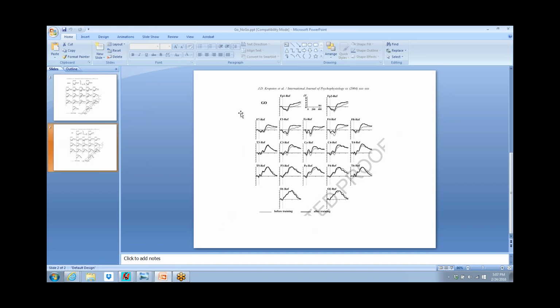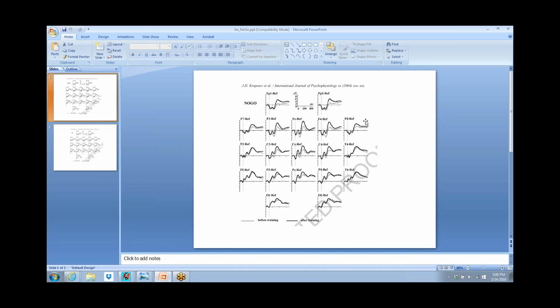This is a go stimulus, where the person was presented with a stimulus that meant he should hit the button. And you can see a funny little waveform here, kind of centrally. In the no-go, which is this display, you can see it's slightly anteriorized, but you see a widespread, very complex waveform with lots of little bits to it that go from essentially time 0, when the stimulus is presented, to about 400 milliseconds.